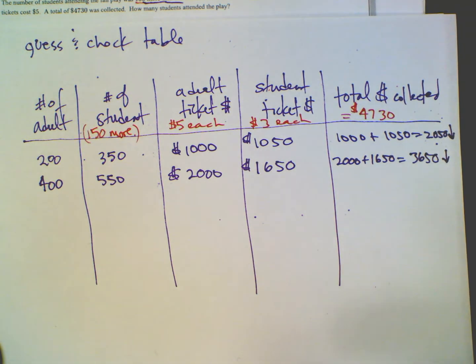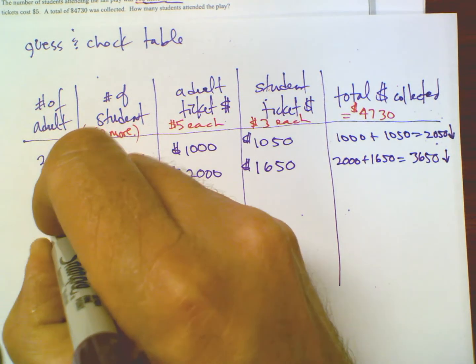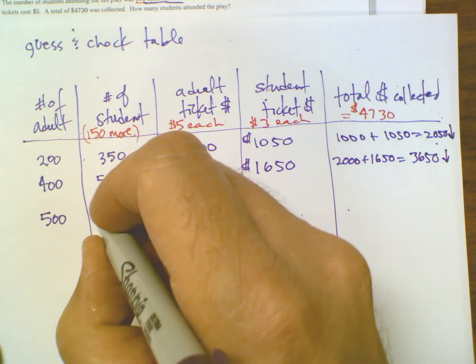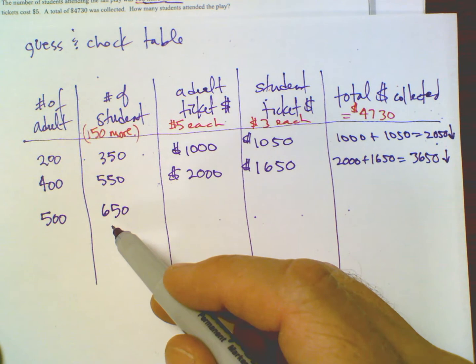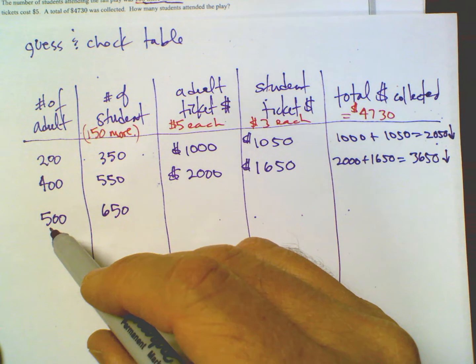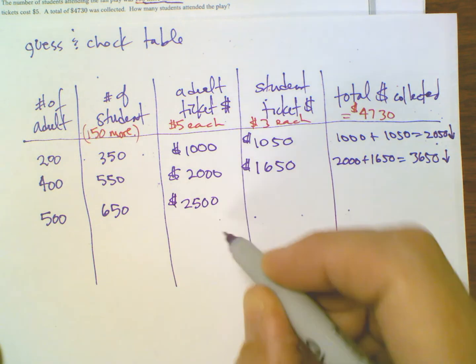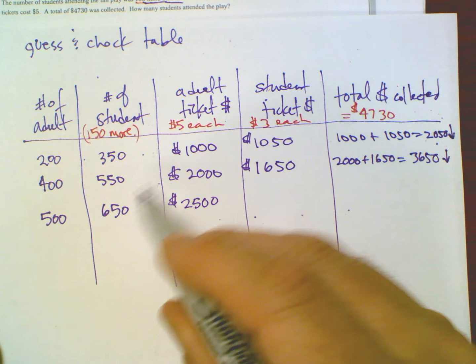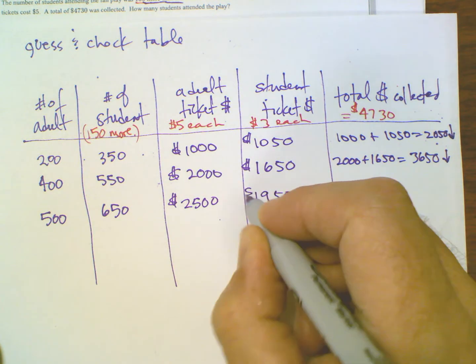Got to guess higher. We're getting closer. Let's go up by 100. Let's say 500 adults, and that would make 650 students, 150 more. So 5 times 500, the adult ticket sales, is 2,500. Student ticket sales, 3 times 650, is 1,950.